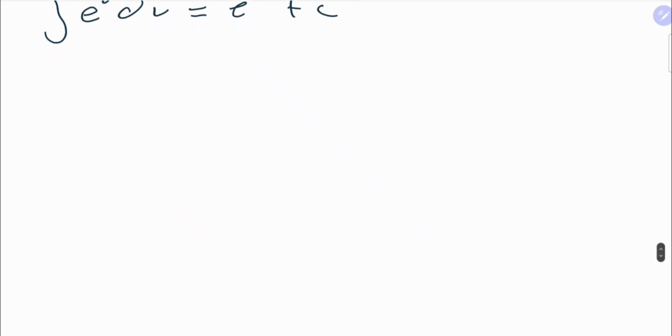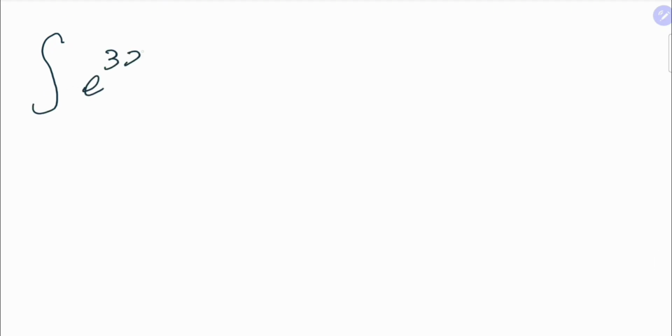So I'll show you. So let's say we get the integral of e to the 3x plus 7, okay? First what we're going to want to do is use u substitution and set u equal to the exponent, 3x plus 7. U equals 3x plus 7.